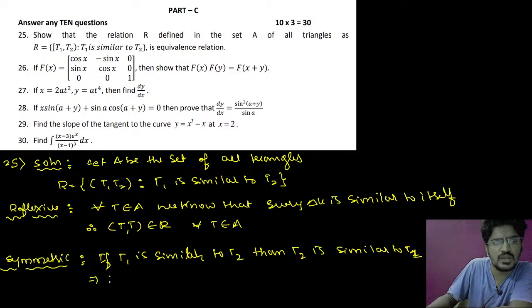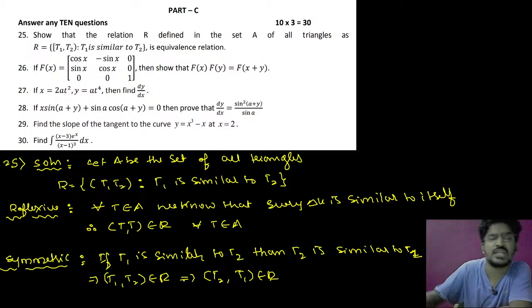It implies what? (T1, T2) belongs to R implies (T2, T1) belongs to R. So therefore it is symmetric.